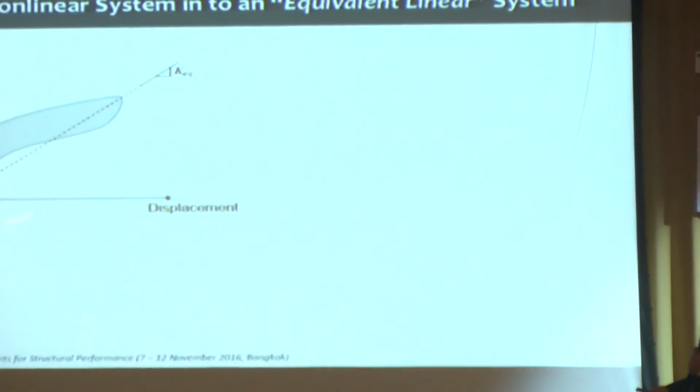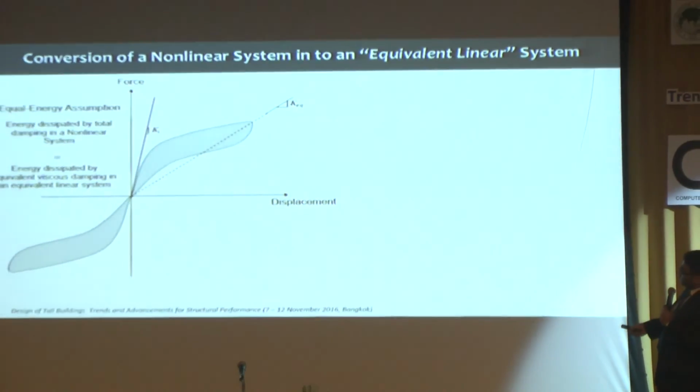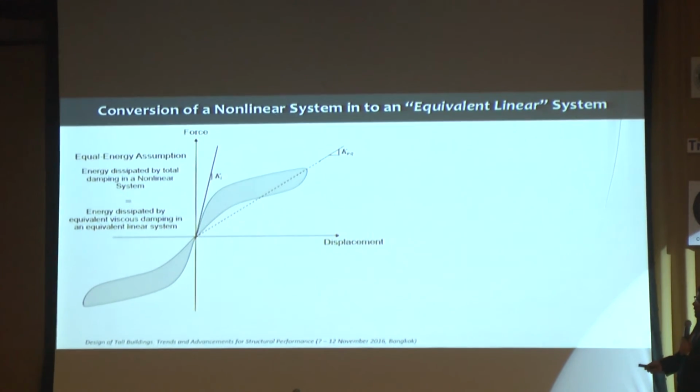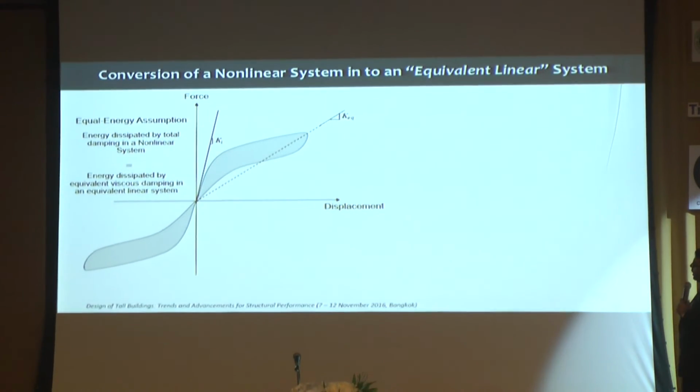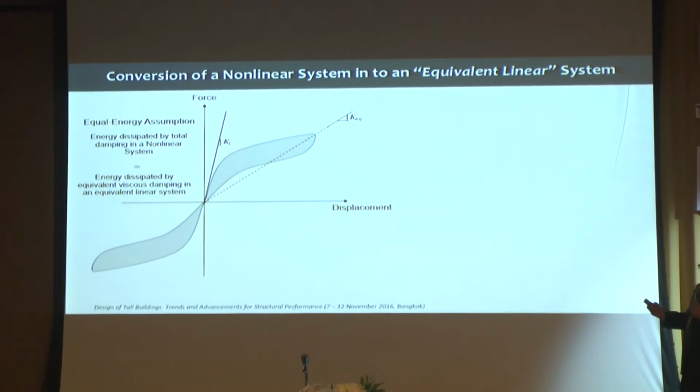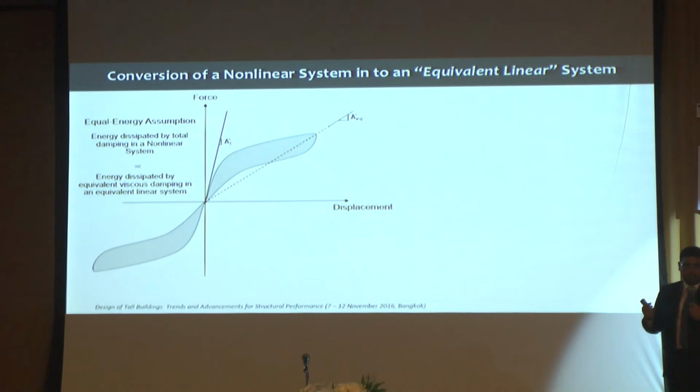We have a nonlinear model with a nonlinear force-deformation behavior. What we can do is, I will explain the simplest idea, because people have tried more ambitious procedures to come up with equivalent linear properties.